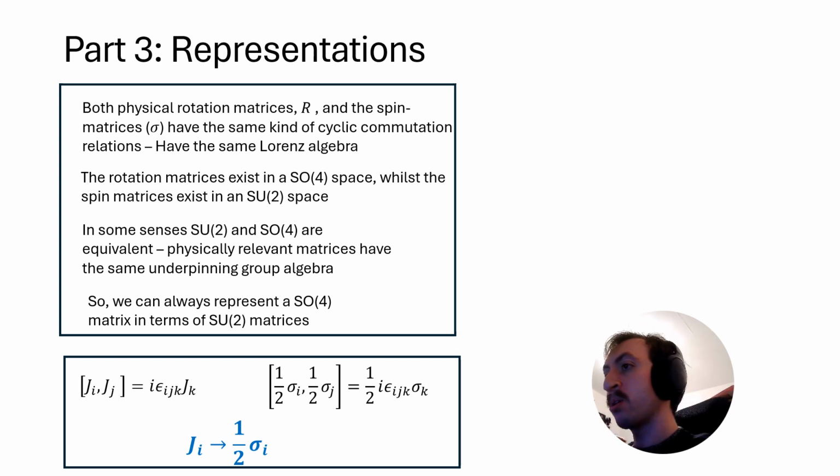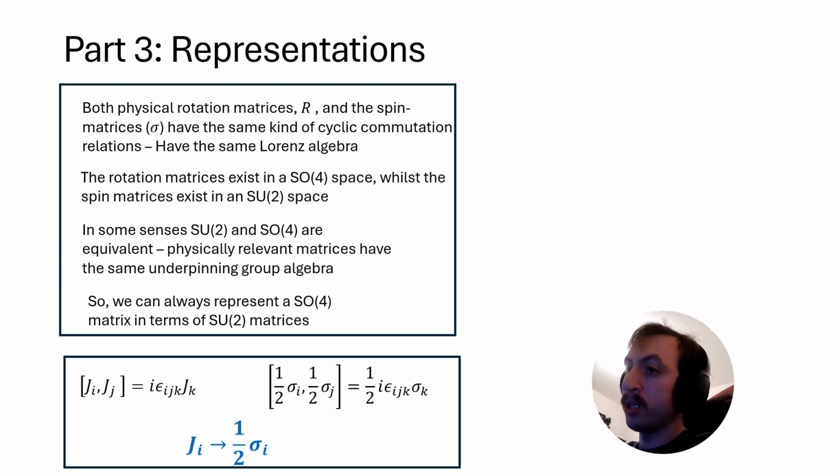And to emphasise this, if we look at the generators for rotation and our Pauli matrices, we can see that they have very, very similar commutative relationships, and we can go from one to the other by replacing J with a half times sigma.